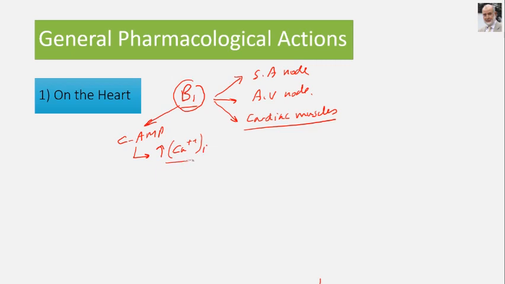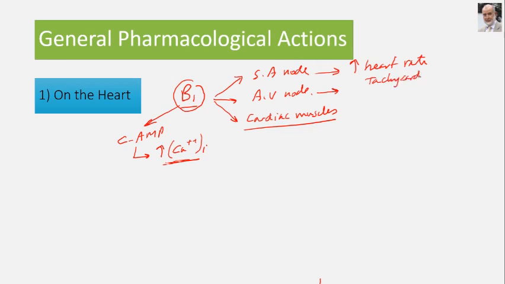This increase in intracellular calcium will activate the SA node, will increase the rate of SA node activity. That means an increase in heart rate, as we know heart rate is controlled by the SA node activity. So by increasing the SA node activity, the heart rate will be increased. This is known as tachycardia.